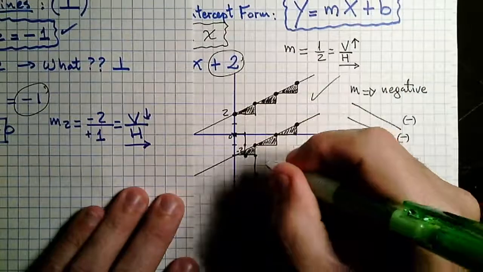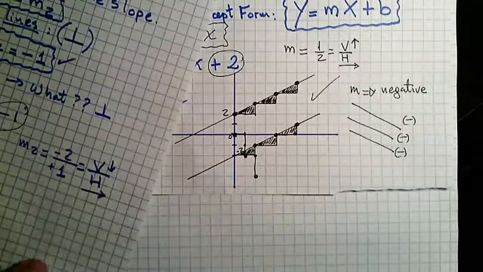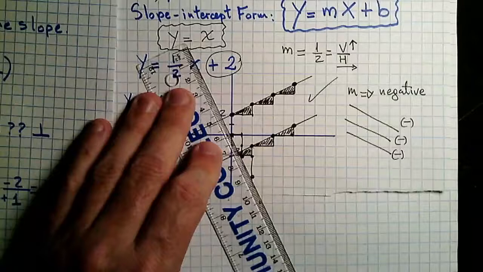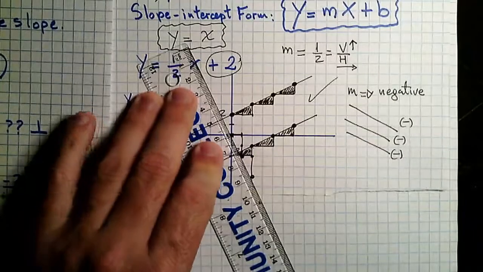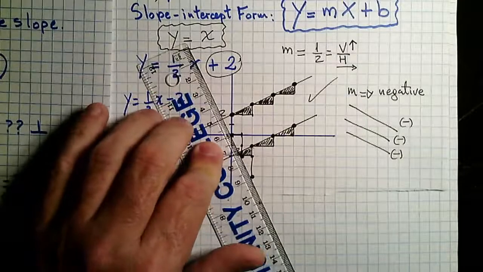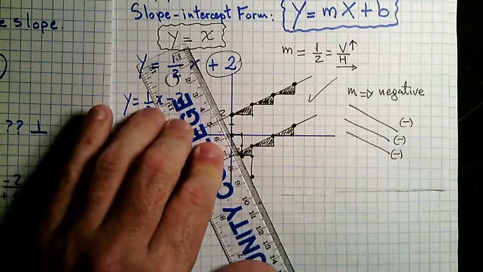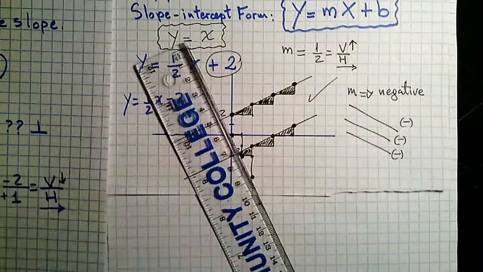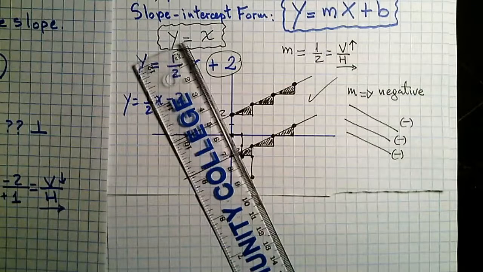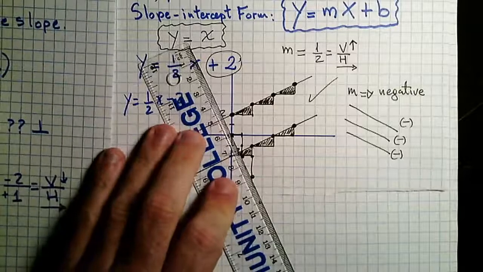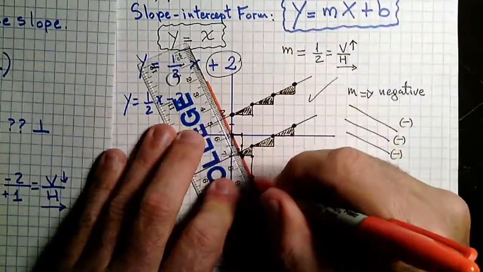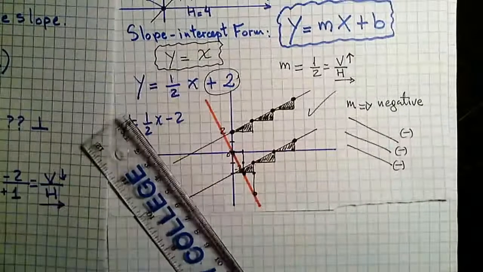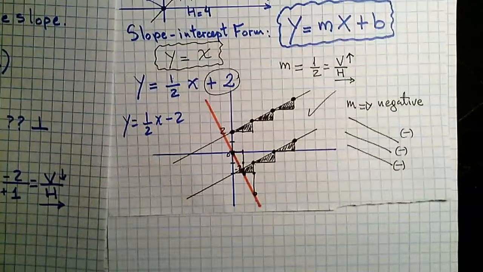See over there? Now, if I draw a line, I will do this one with red. I will have my perpendicular line.